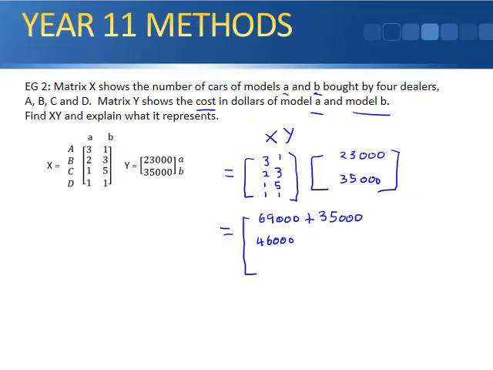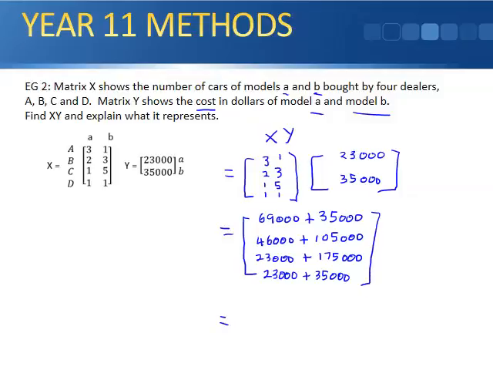We'll add them up later. 2 times the 23 becomes 46,000. Plus this becomes 3 times 35,000 becomes 105,000. 1 times 23, 23,000. I'm sure you can see what I'm doing here. This one is 175,000. And the last one is 23,000 plus the 35,000.